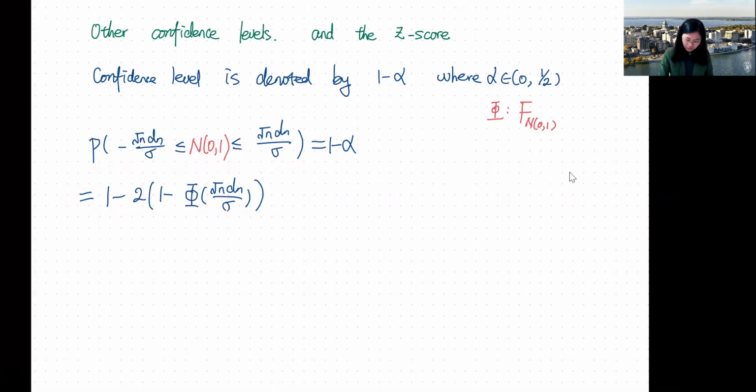Well, we can draw a picture of the standard normal distribution. Let's say this is 0. We draw the standard normal distribution like this. It's symmetric around 0. Let's say this is root n Dn over sigma, and the mirror image of that is minus root n Dn over sigma.